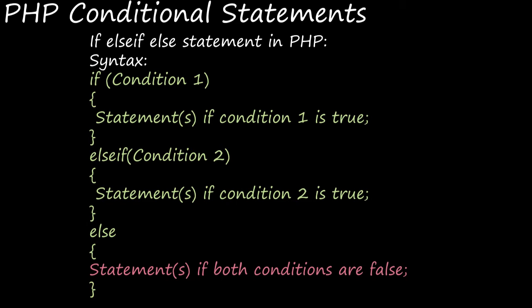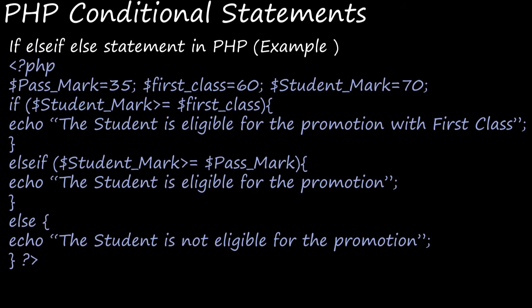Understood? See this example. Here they have given pass mark is equal to 35. First class is 60. Student mark is 70. Same as the if else, first in this if they have given: student mark is greater than or equal to first class, the student is eligible for promotion with first class.